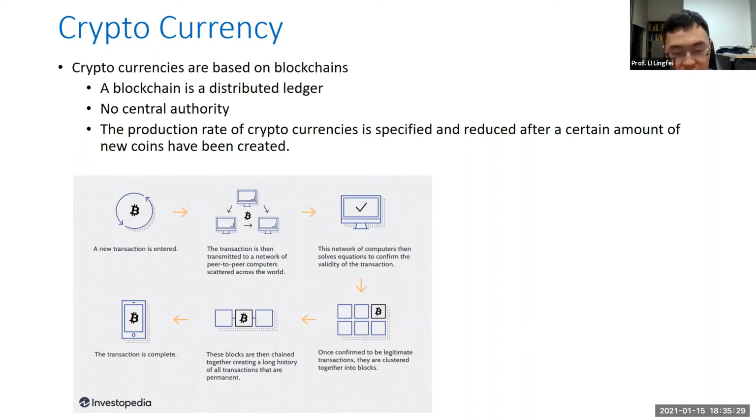We need the consensus from most of the people on the network to verify this transaction. Once it is verified and confirmed, it will be clustered with other transactions to form a block. Then this block will be added to the end of the chain. That's why we call this blockchain. It's really a chain of blocks.